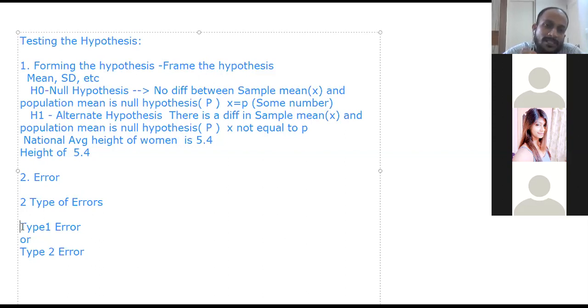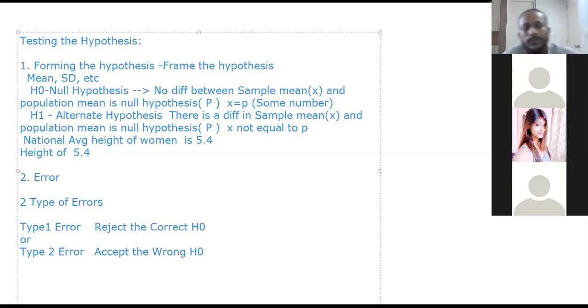Now this happens in hypothesis also. Hypothesis is all about decision. So whenever I make a hypothesis, sometimes type 1 is: reject the correct null hypothesis, accept the wrong hypothesis.